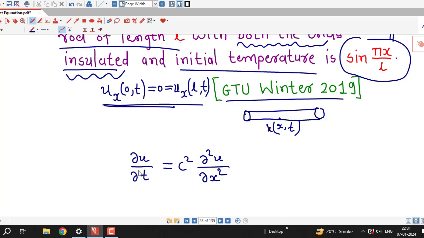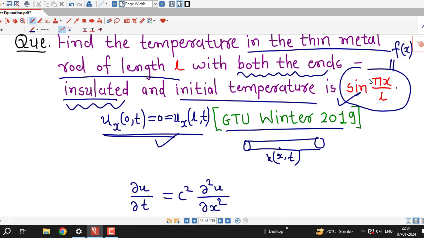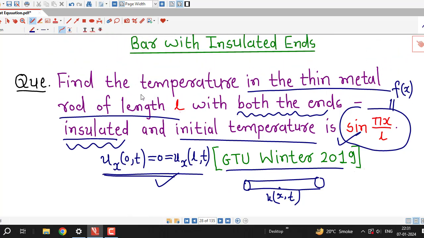The solution of this heat equation together with these two boundary conditions and one initial condition is nothing but temperature distribution in the thin metal rod of given length.